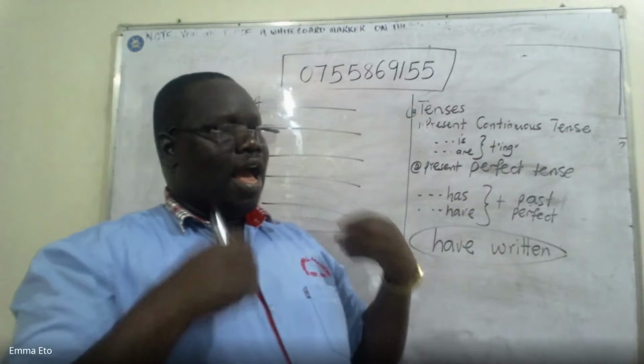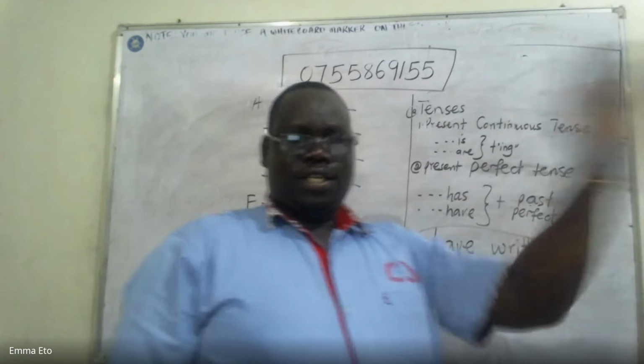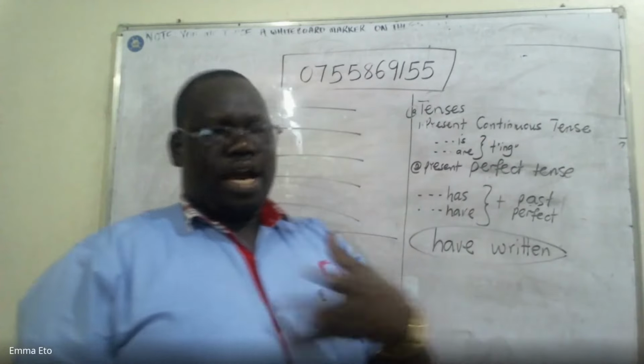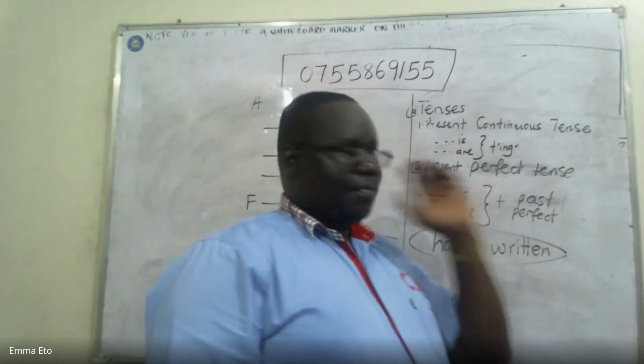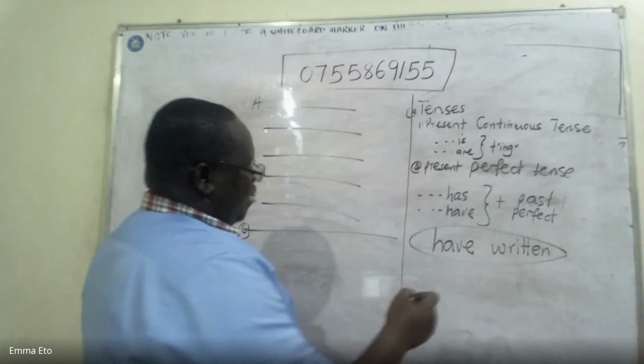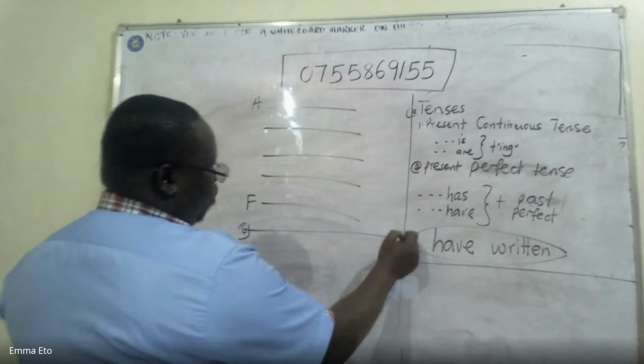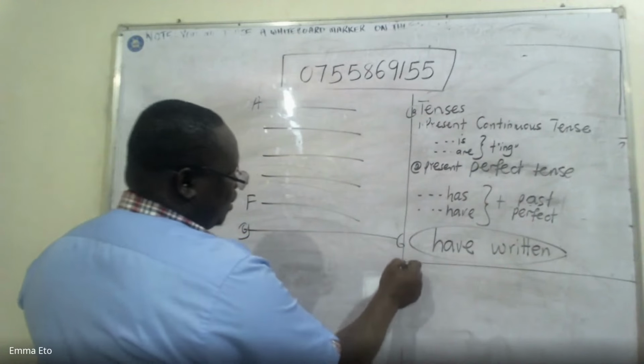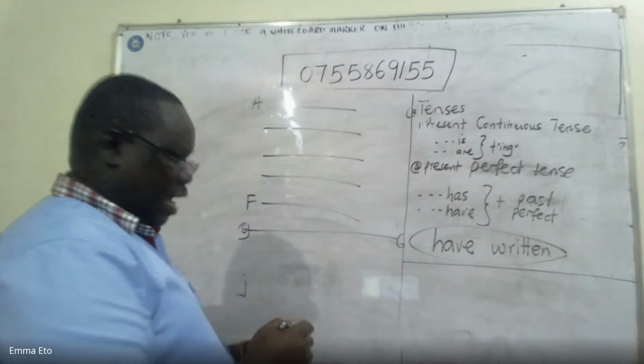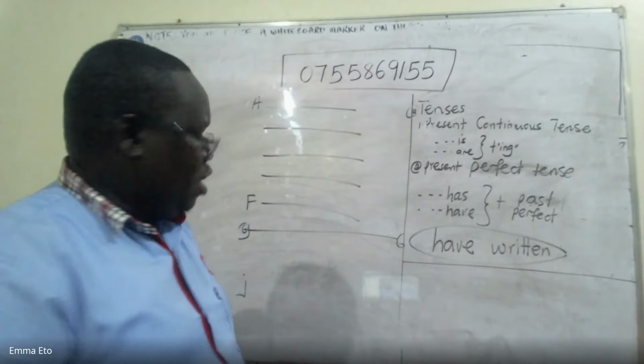So you say a car has knocked a pedestrian. It happens once. Reflex actions. And then the rest of the questions after the sixth one, you answer them like the way we answer any other question in section B.